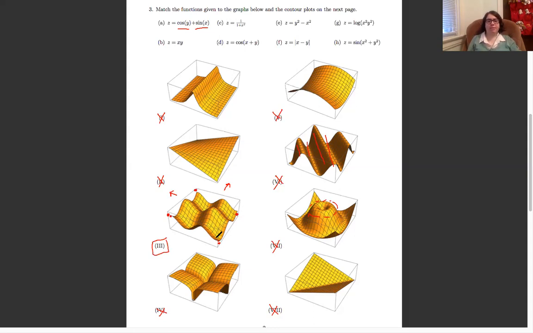Same if I look at the symmetry along y equals x, I shouldn't get a perfect symmetry, because when I switch x and y, I get a new function. It's definitely related. Cosine x plus sine y should look kind of similar to cosine y plus sine x, but it shouldn't look identical. And if I'm looking at these two, I think if I go along the line y equals x, which either looks like this or like this, if I fold along either of those, I'm going to get back the exact same thing.